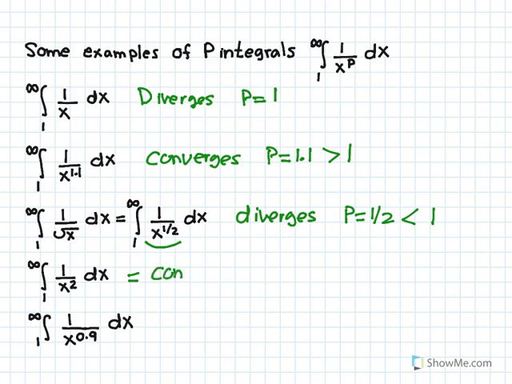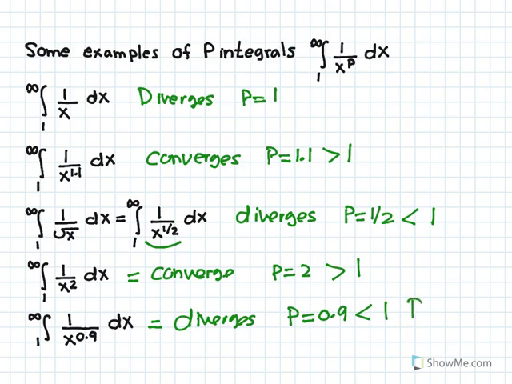This converges. Why does it converge? Because the exponent p is equal to 2, and 2 is greater than 1. Let's look at one last integral, 1 over x to the 0.9 dx. Well, this one diverges. Why does it diverge? Because the exponent p is equal to 0.9. 0.9 is less than 1. That means it will diverge.